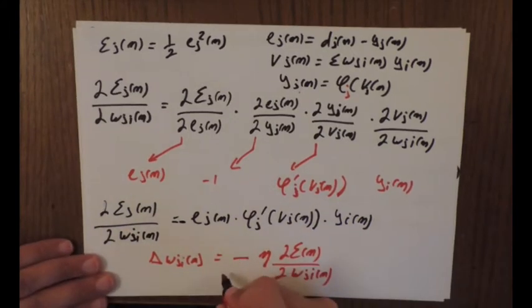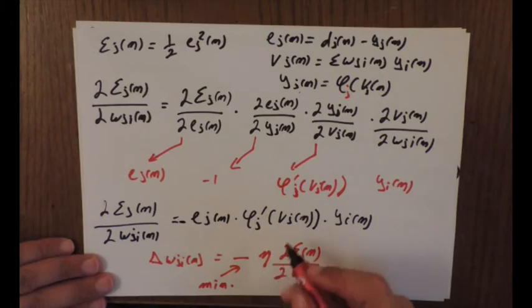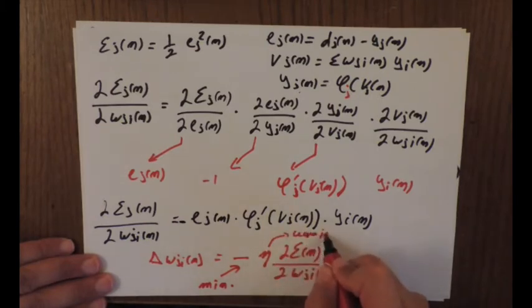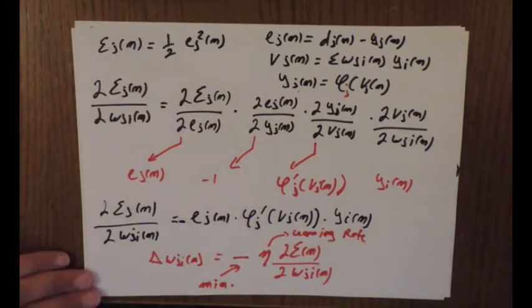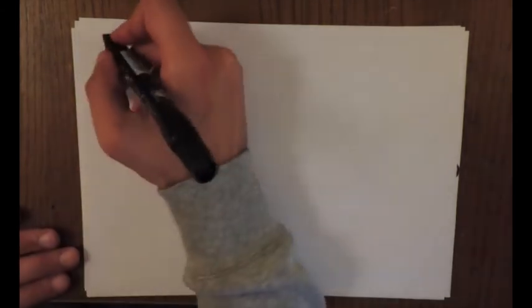We add the minus because we want to minimize, okay, and this is the learning rate, this is the step, and this is the value that we need to compute. So now we can write our update equation.